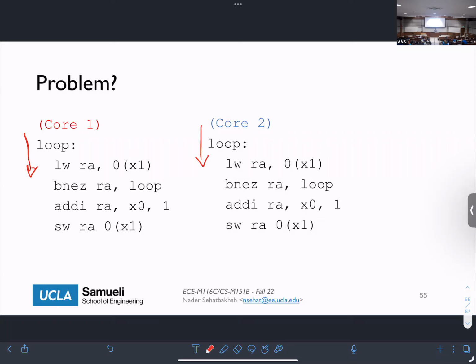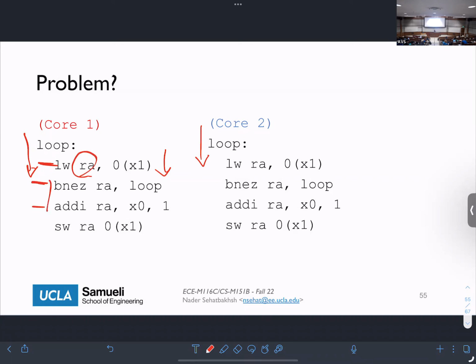Because remember, for acquire we still don't have any ordering between the cores. So what might happen is that I read this instruction first and see that the lock is equal to 0. I say, oh great, the lock is equal to 0, and I want to start executing this and this.